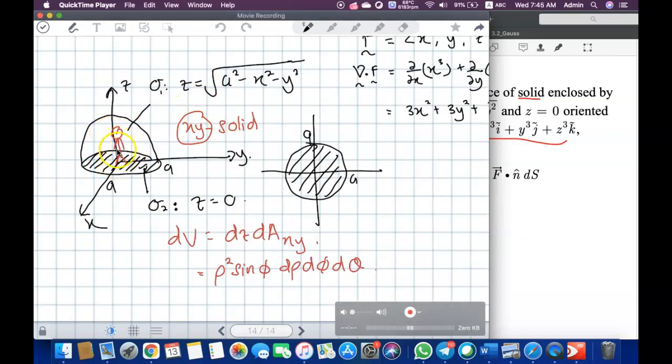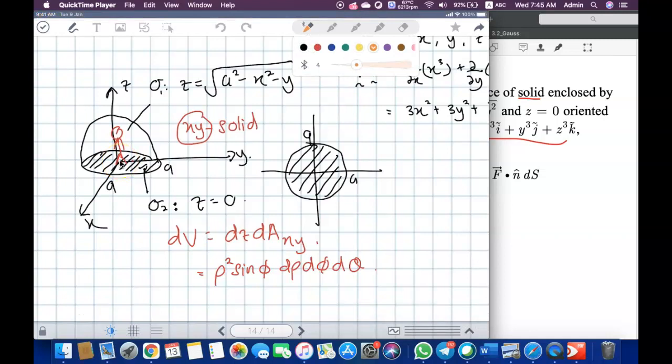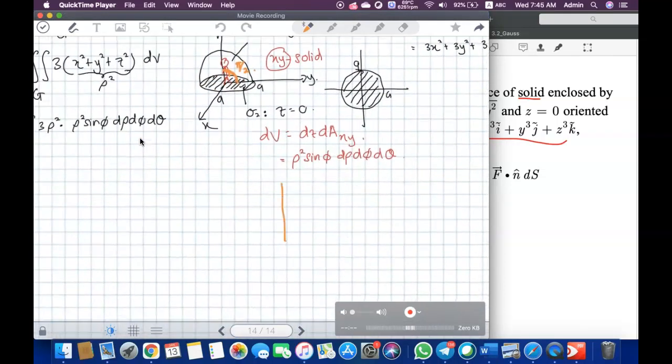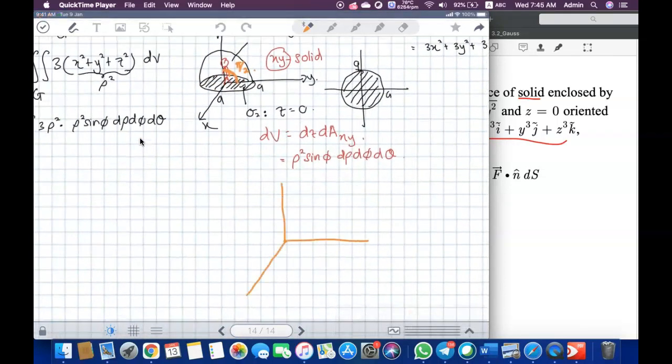So then your phi, remember, starts from the z-axis at z equal to 0. So about the angle here, you have 90 degrees or pi over 2. And even if your sphere is shifted, so let's say now your sphere has moved here.